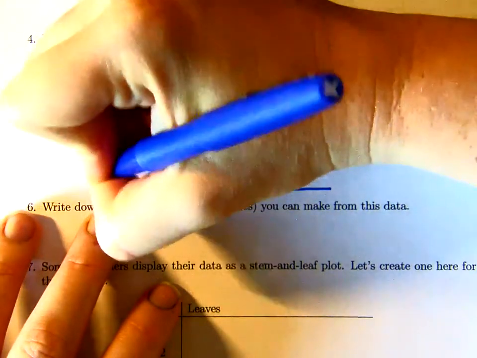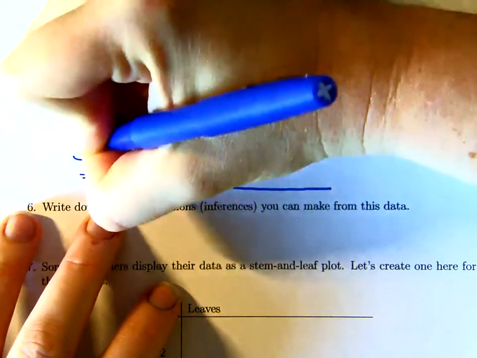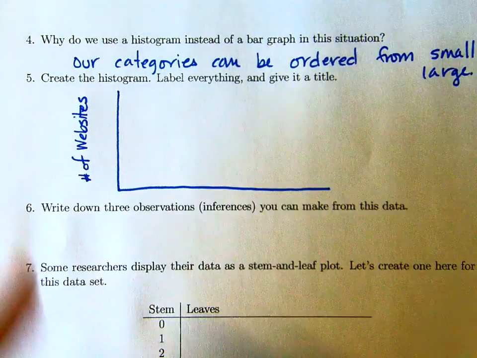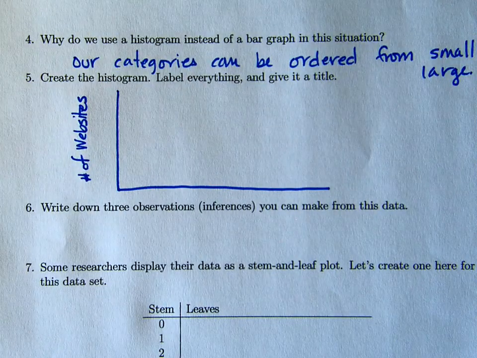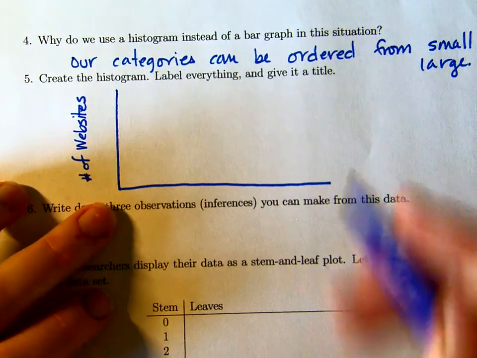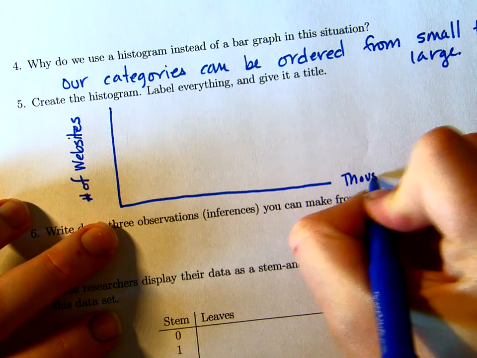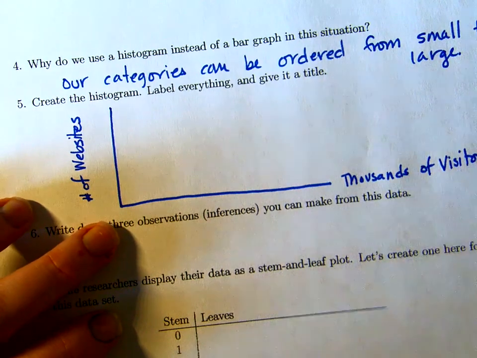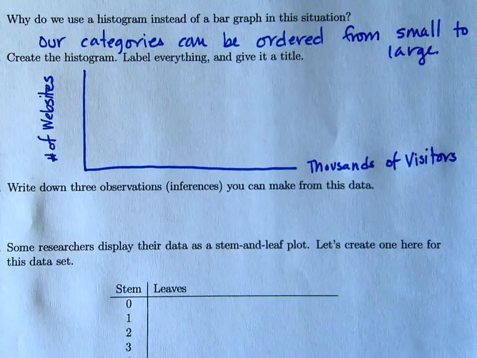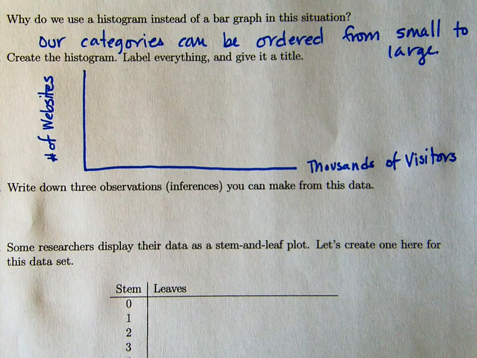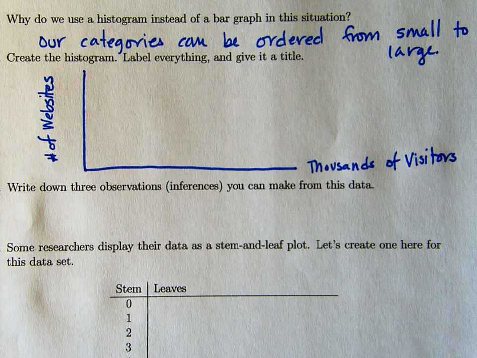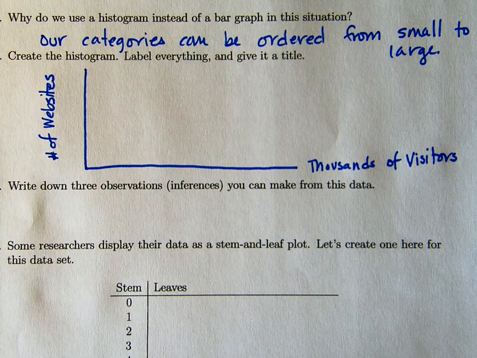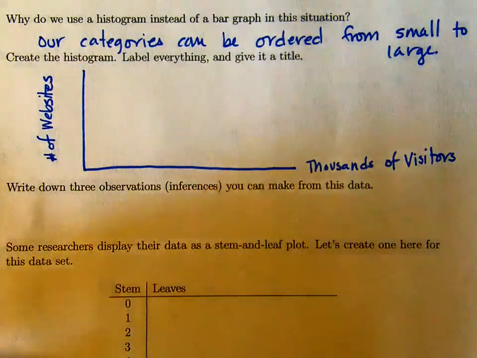So this over here would be number of websites. And along our horizontal is the visitors in thousands. Thousands of visitors. We need this to go up to 55, and we need this to go up to 15.